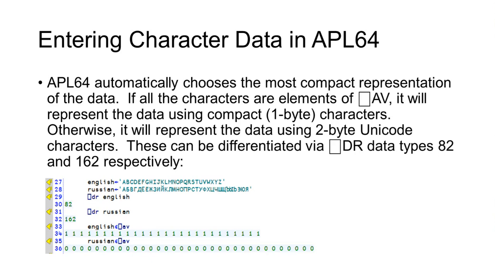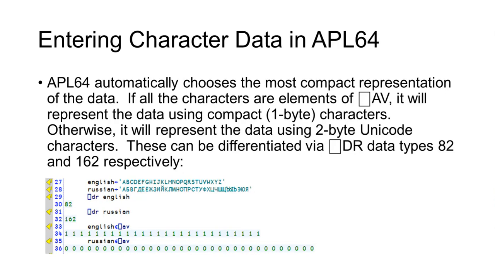I don't want to go deep into quad DR, but the way monadic quad DR queries a data type is that the last digit is a type that is unique to each fundamental data type that we support. So Boolean data has a 1 as the last digit, and the digits in the tens and hundreds column are the number of bits of width of the data.